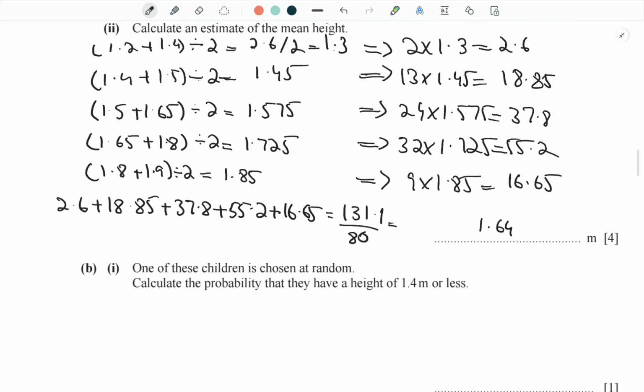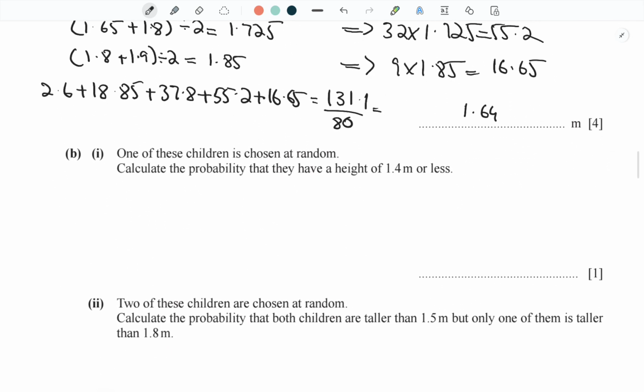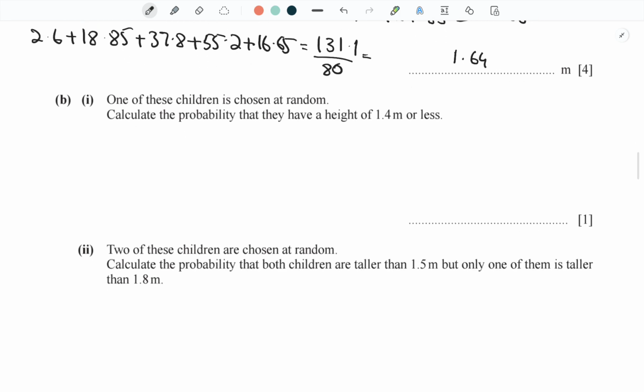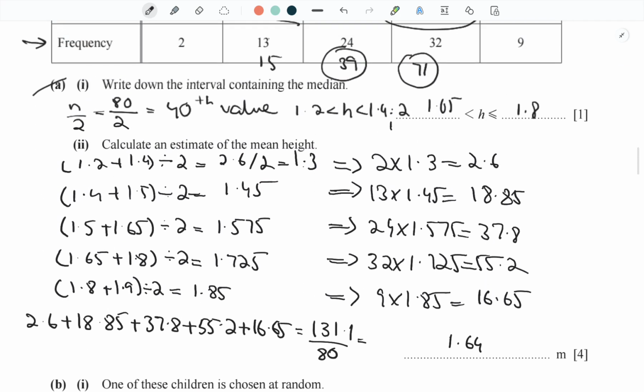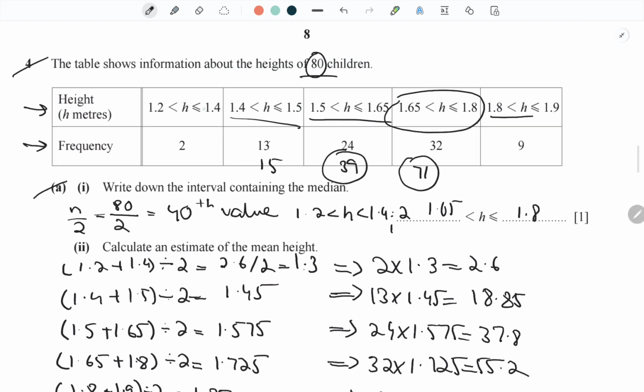Now we move to part B1. One of these children is chosen at random. Calculate the probability that they have a height of 1.4 meters or less. If you see 1.2 to 1.4, we have a frequency of 2.